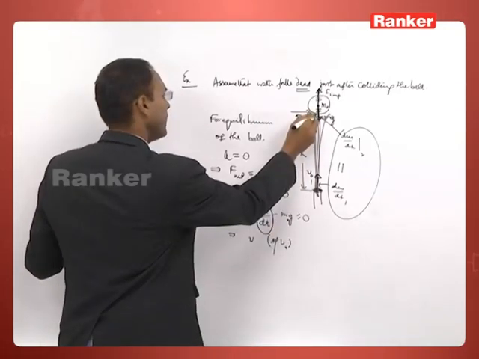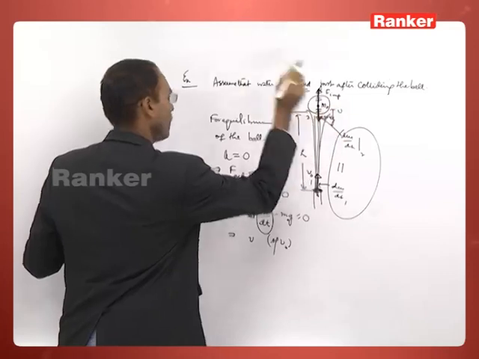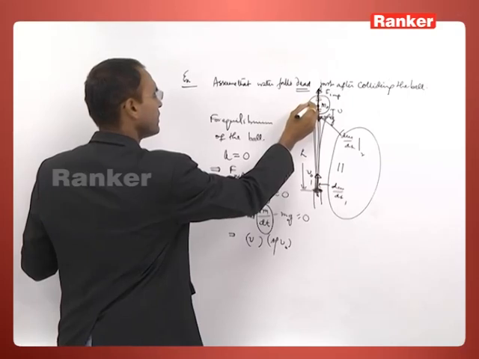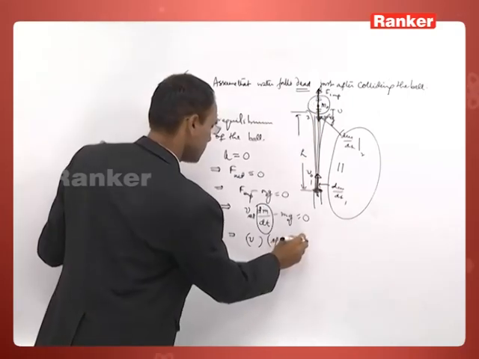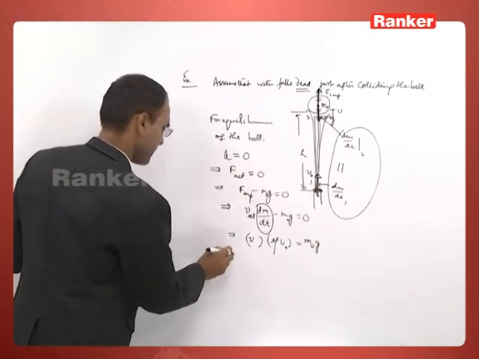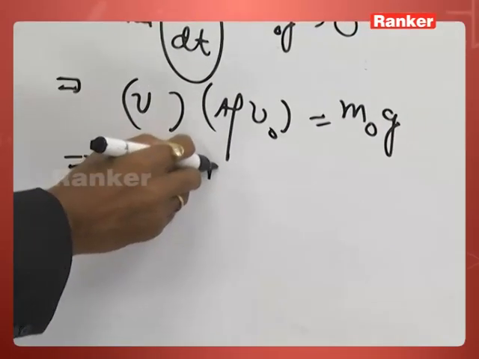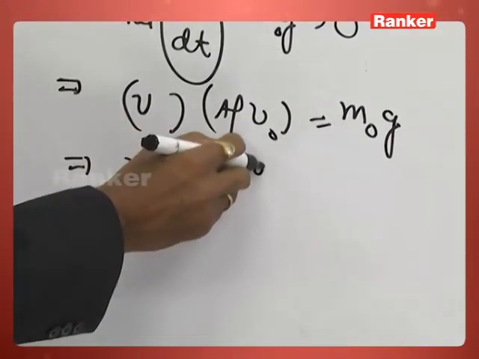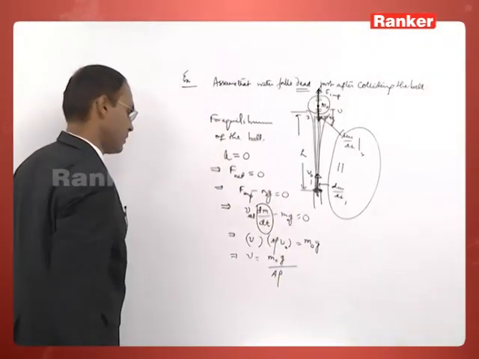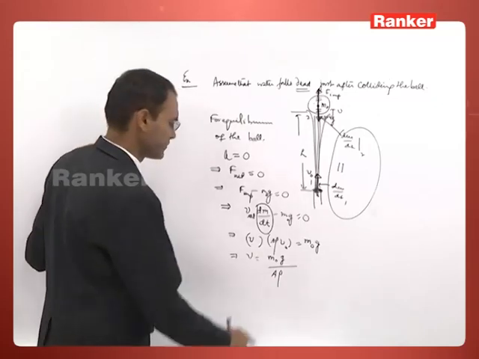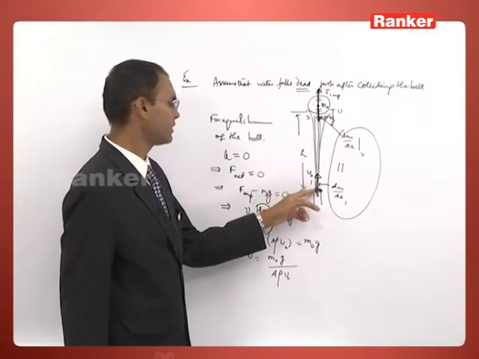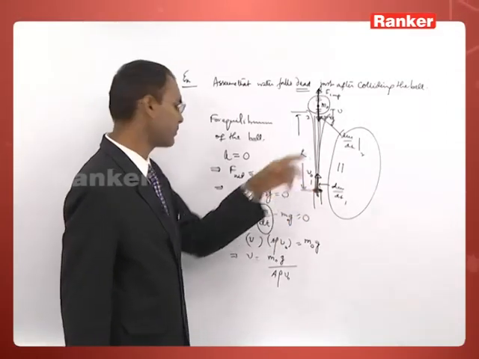Here the velocity let be V. Velocity of the liquid with respect to this system is equal to m naught into g. So V equals m naught g by area of the tube, by the density of liquid, by the velocity of liquid at the time of getting out of the tube. This is equation 1.